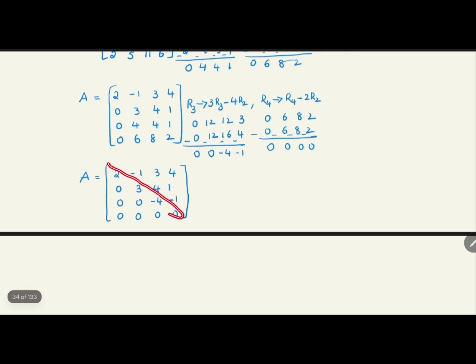This is the principal diagonal, and all the elements below the principal diagonal are made 0. If you want, you can check it once again. So we can say that this is in echelon form.